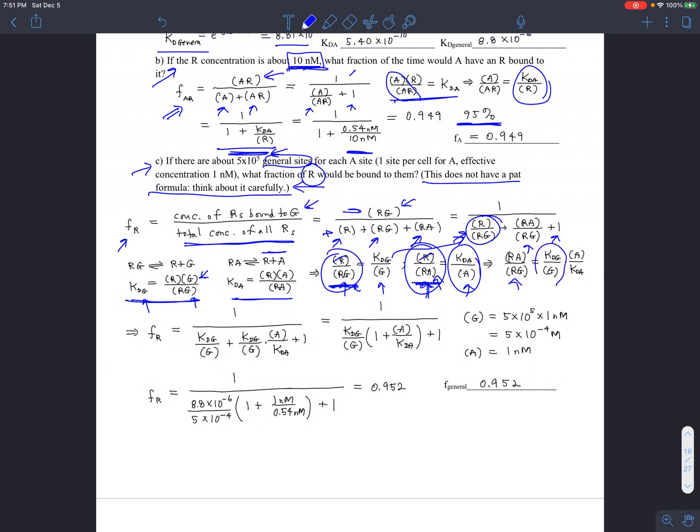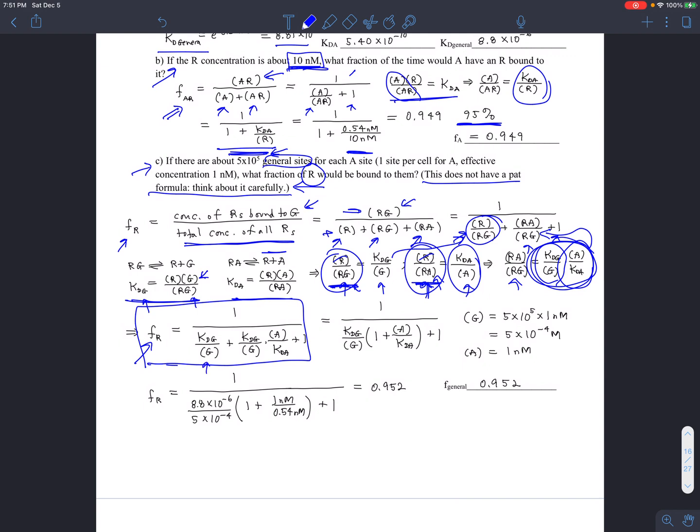This is Kd over G times A over Kd over KdA. And now that can go in there. This is the expression that we need to make a viable calculation. And that gives us a final formula for the thing we want, the fraction of R's bound to the general sites.